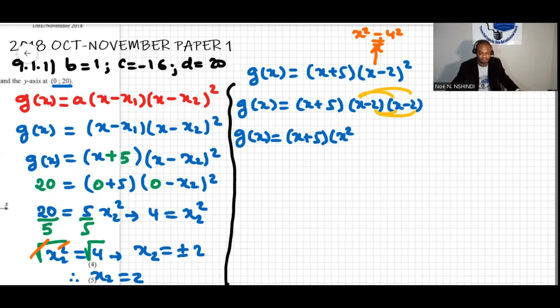x squared minus 2x plus 4, and that will make x plus 5 times x squared minus 4x plus 4.